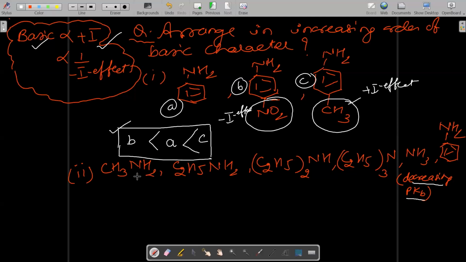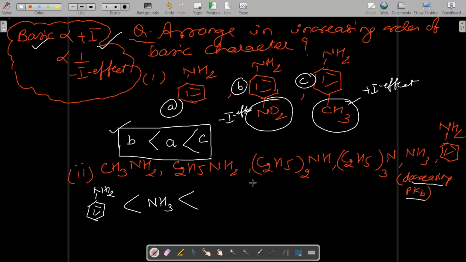Now what order will there be? You have to check the order of basic character in aqueous phase. First, aliphatic amines: these are all aliphatic amines, then ammonia, then aromatic amine. So accordingly, the aromatic amine is the least basic in nature, or has the higher pKb value. Then the next is ammonia. Now the rest you have to check.